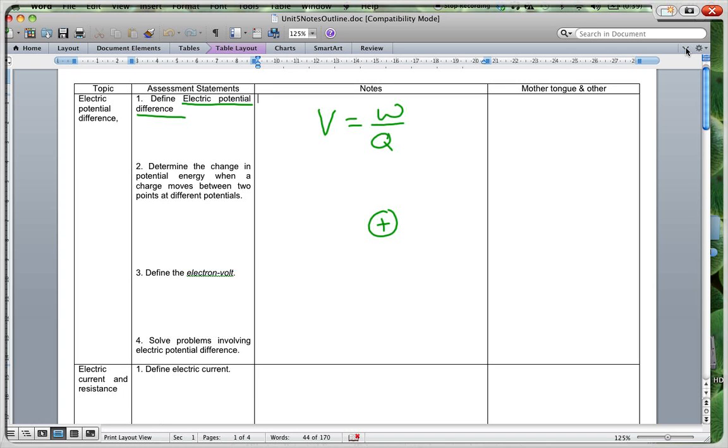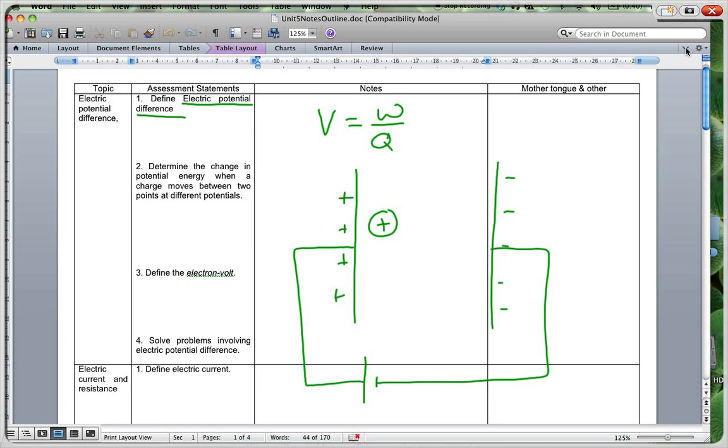So if I've got my positive charge here, and maybe it's between two parallel plates, like this, where one is negative and one is positive, they are connected to a source of electrical potential difference, a cell over here. Now, if I hold this charge over there, if I let it go, what will happen?